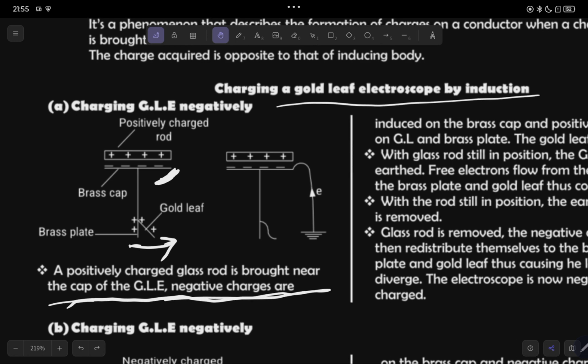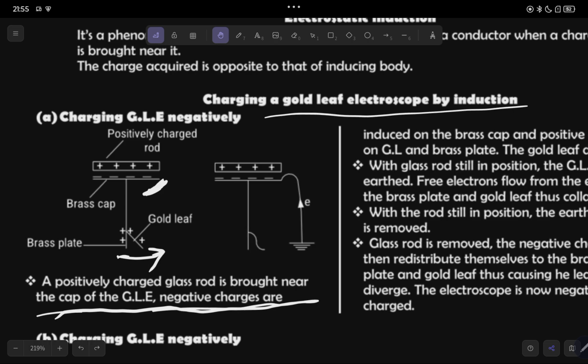Because of these charges around here, the brass plate will repel the gold leaf. So you'll see a divergence.